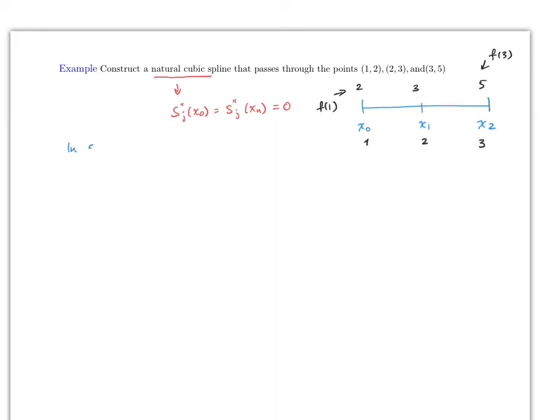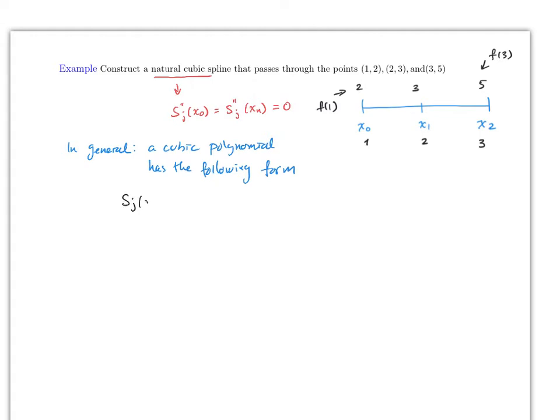Remember that in general, a cubic polynomial looks like this. A cubic polynomial has the following form. This should be no surprise, but make sure you see this.